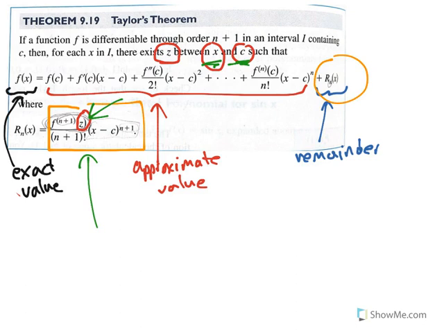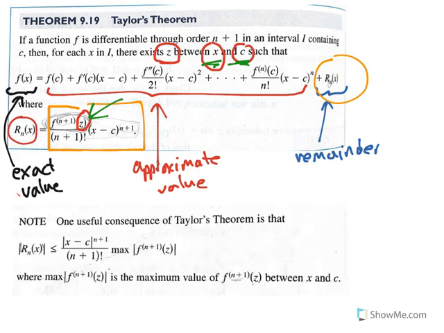So what we're going to do is consider an upper bound for this error. And when I say error, of course, we have to put absolute value on the remainder. So let's take a look at that. So we're going to put absolute value on the remainder. Now we're talking about the error.